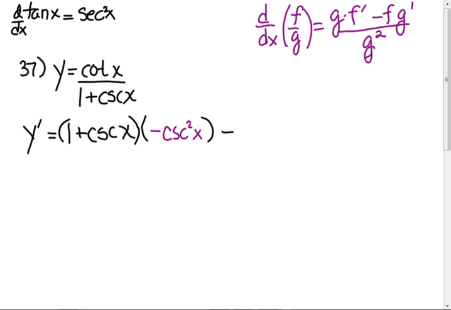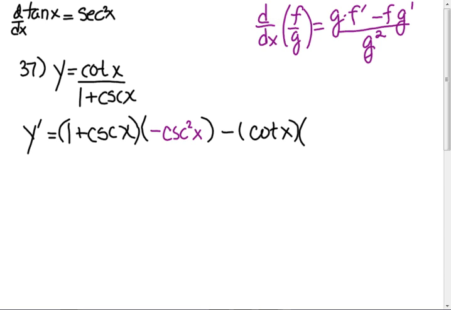Minus. I can do it. The denominator, you can do the next one. Cosecant of x. Oh, no, no, no. I already did that. It's the cotangent. And times the derivative of the cosecant.